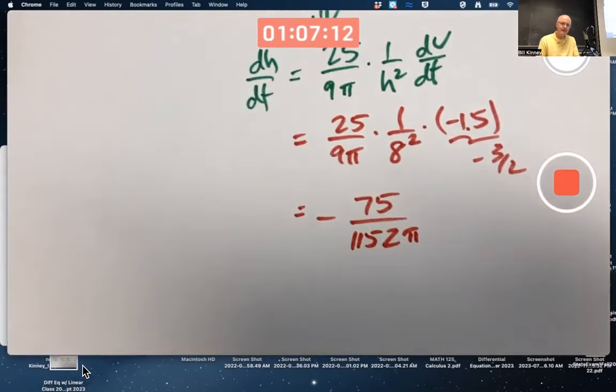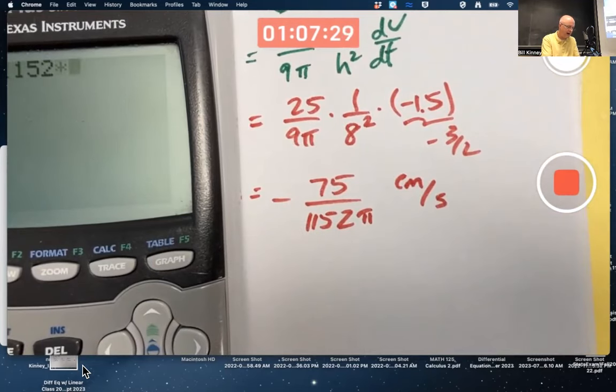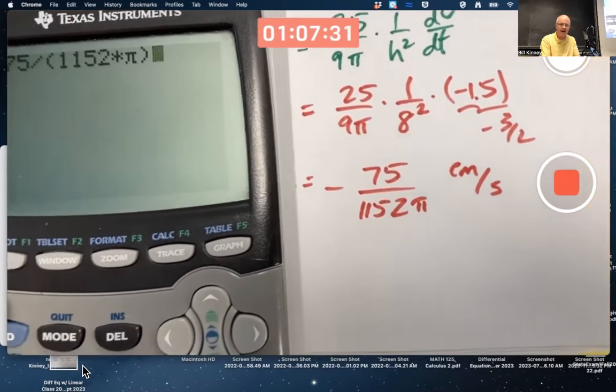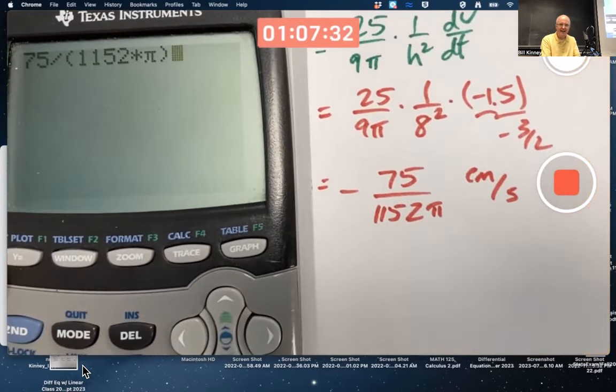Units would be centimeters per second or minute. I forgot. What's time? Per second. Okay, that's going to be a small number. 75 divided by 1152 times pi. About negative 0.0207 centimeters per second.